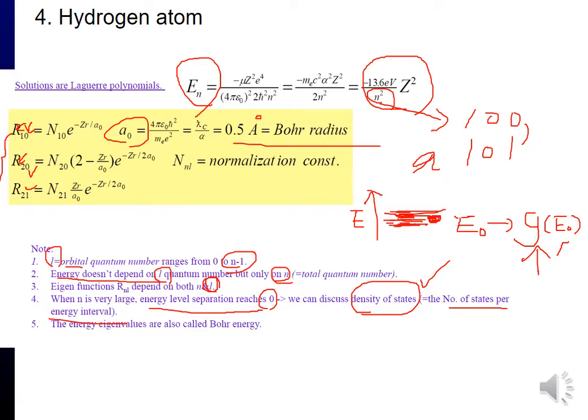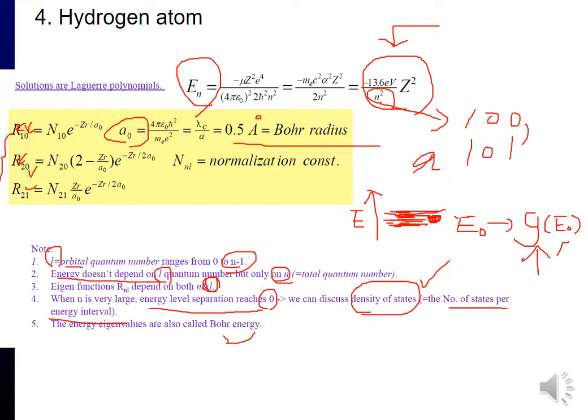The energy eigenvalues are also called Bohr energy because Bohr mathematically proposed this structure even without quantum mechanical calculations, which were too difficult already.